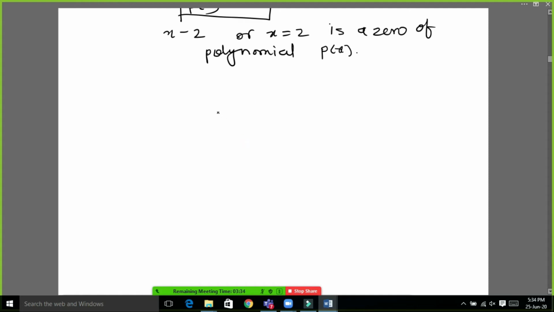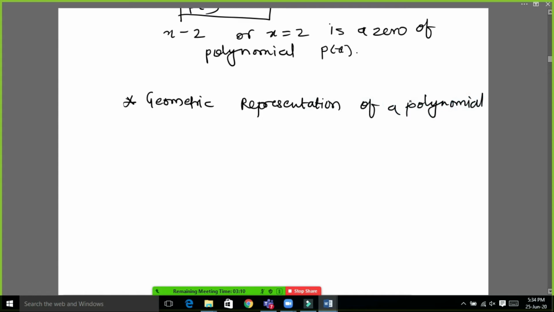Now we look at the geometrical representation of a polynomial, the geometrical representation of a linear polynomial, and zeros of a polynomial. So in this we first look at what the geometric representation of a polynomial is.